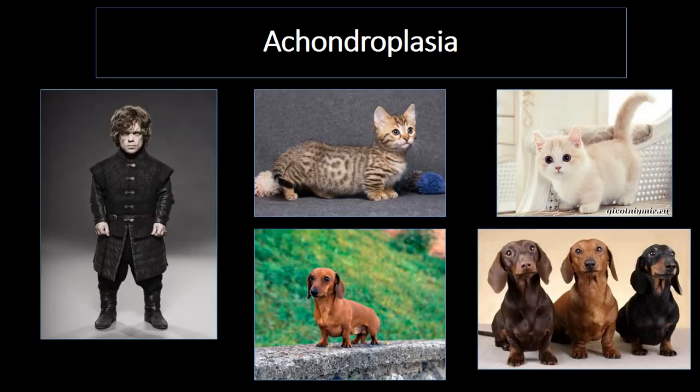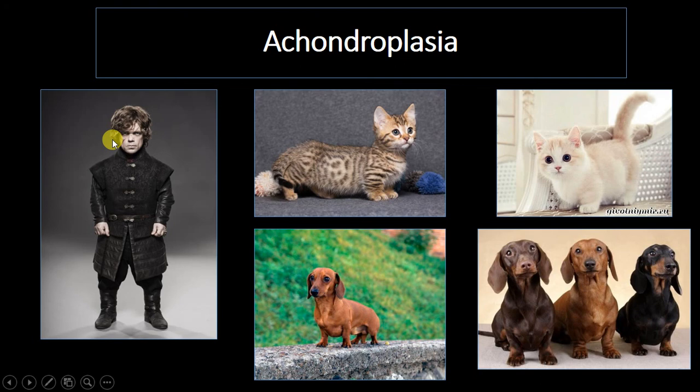Let's see. People and animals suffer from similar diseases. The disease achondroplasia. Achondroplasia is a genetic disorder whose primary feature is dwarfism. In those with the condition, the arms and legs are short, while the torso is typically of normal length.